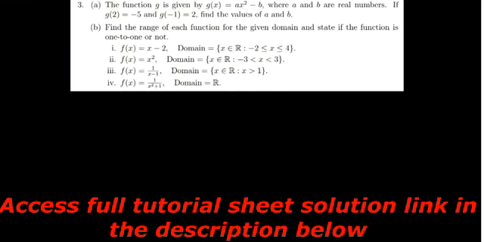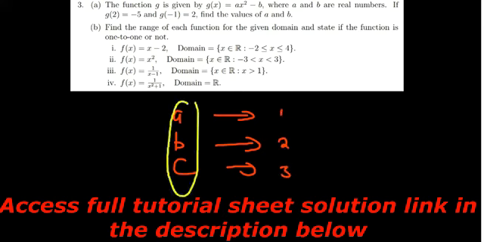Find the range of each function for the given domain and state if the function is one-to-one or not. In case you don't know what a one-to-one function is, I'll just give you an example. A case where you have a domain matching up to the codomain, where every element in the codomain is mapped onto one single item in the input, that is a one-to-one function.